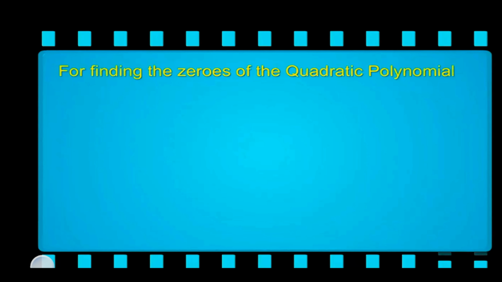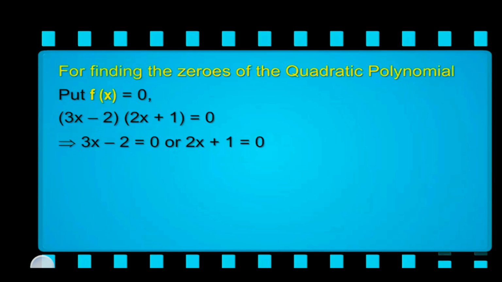For finding the zeros of a quadratic polynomial, put f of x equal to 0. We get 3x minus 2 into 2x plus 1 is equal to 0, which implies either 3x minus 2 is equal to 0 or 2x plus 1 is equal to 0.